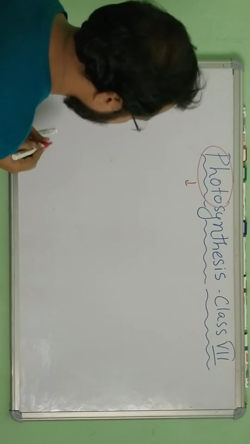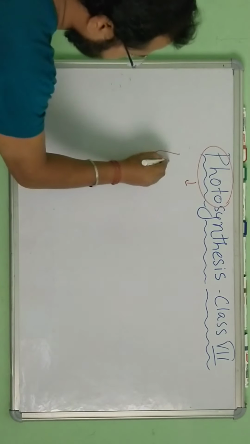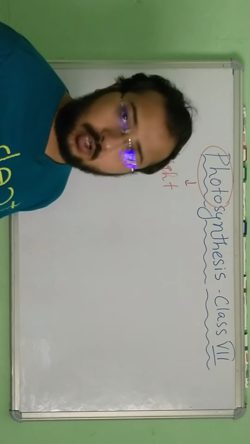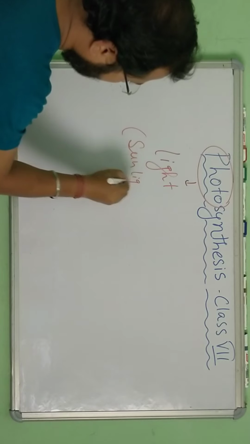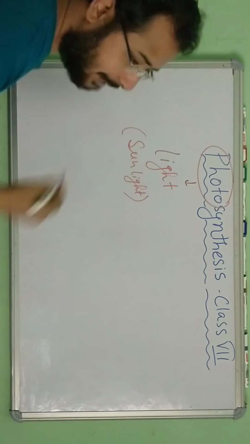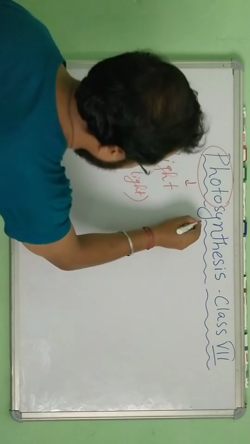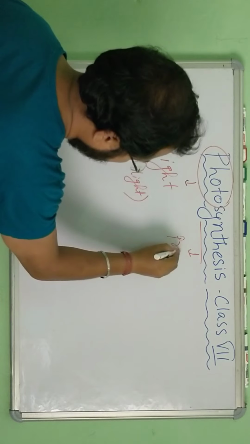So photo means what? Photo means light. Which light is it? We are talking about the sunlight or solar energy, right? It is the sunlight or solar energy which is trapped by the plants. Now synthesis. Synthesize means production.